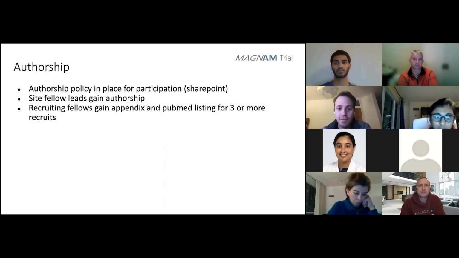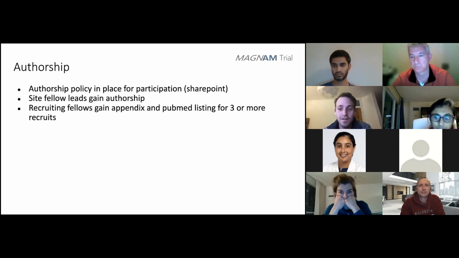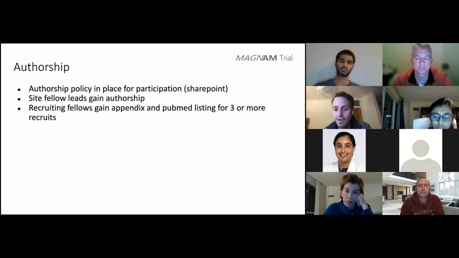So it does count for them as a PubMed publication as well. The idea is that this research comes out of the fellows group, the international and the U of T fellows all together at U of T, and it would be the first of its kind. So I think that is quite exciting.